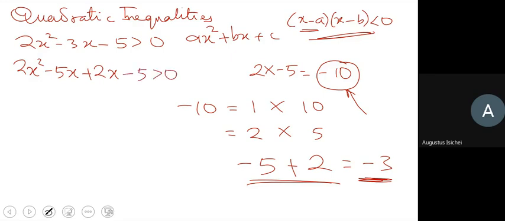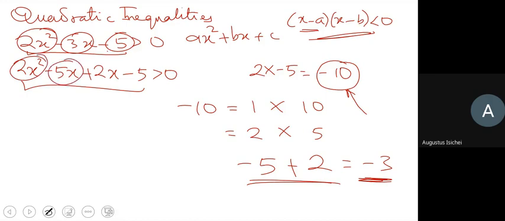Now, why do we have to do this? I did that so that I can make the three-term expression a four-term expression: the first term, second term, third term, and fourth term. Why do we have to make it a four-term expression?